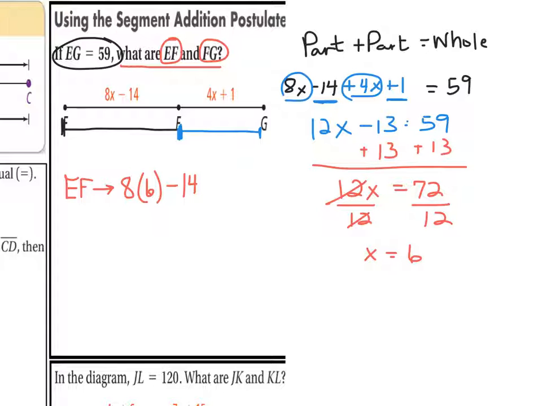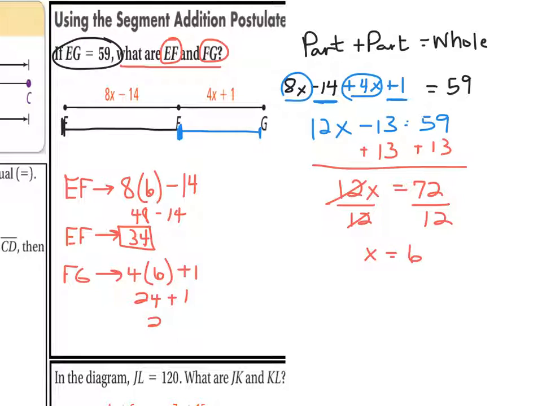Okay, 8 times 6 is 48, and minus 14 is 34. So EF is 34 units long. And then FG, that is 4 times 6 plus 1. 4 times 6 is 24, and if I add the 1 to that, that becomes 25.